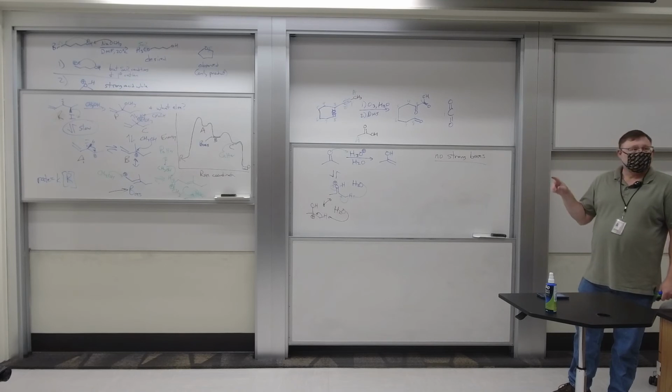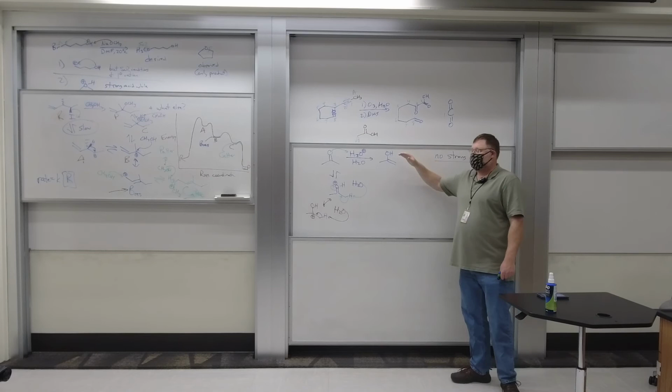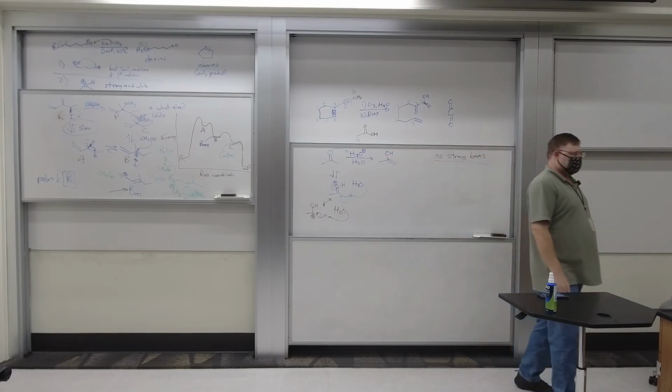So now, do the reverse reaction. Draw the mechanism to go from the enol to the ketone under acidic conditions.